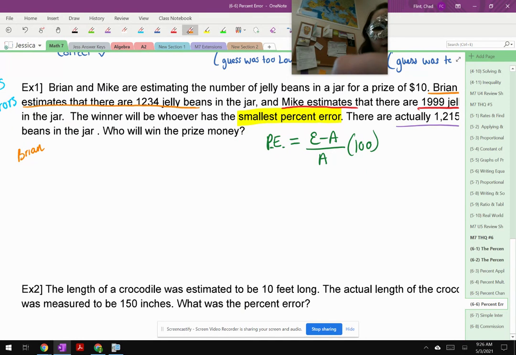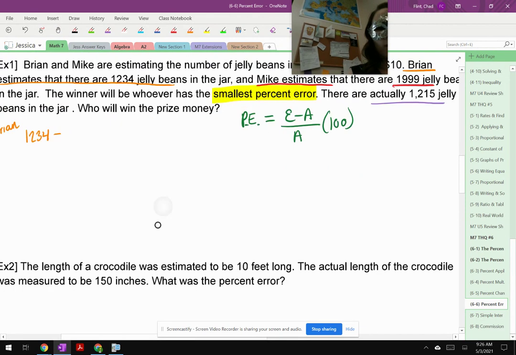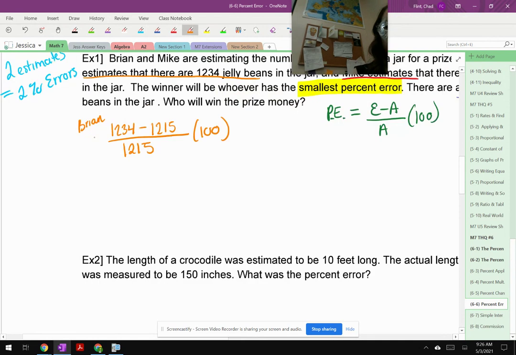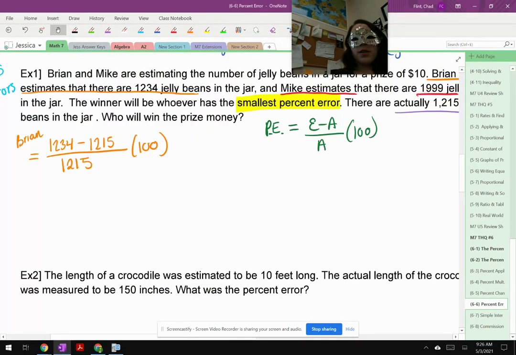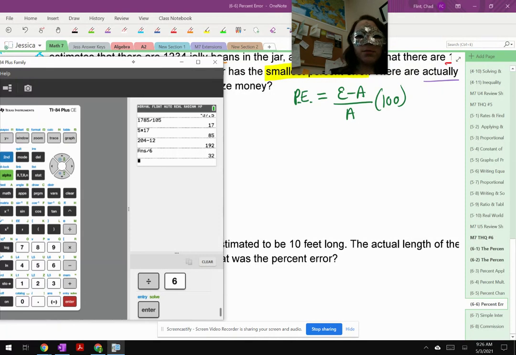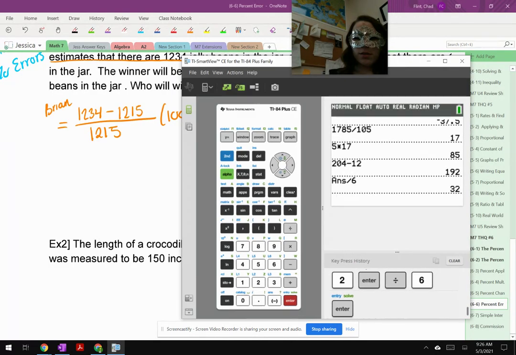So Brian's estimate was 1,234 minus the actual of 1,215, divide by the actual of 1,215, times that 100. Okay, so now I can math that. Let's make this a little smaller here and see what we're working with.